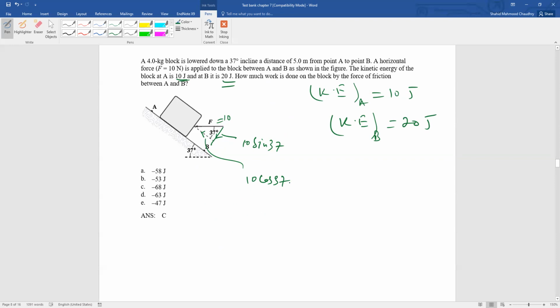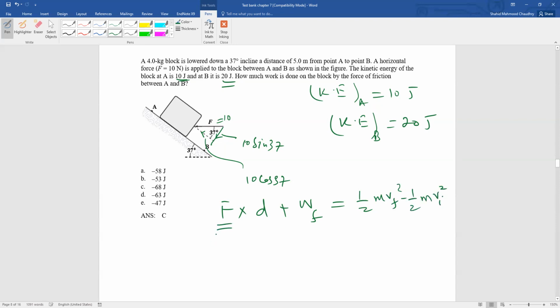So last time we have seen some formulas. On those formulas, what we will do? We have this F into D plus work done by frictional force is equal to change in kinetic energy. So kinetic energy change is 1 over 2 mv F square minus 1 over 2 mv I square.